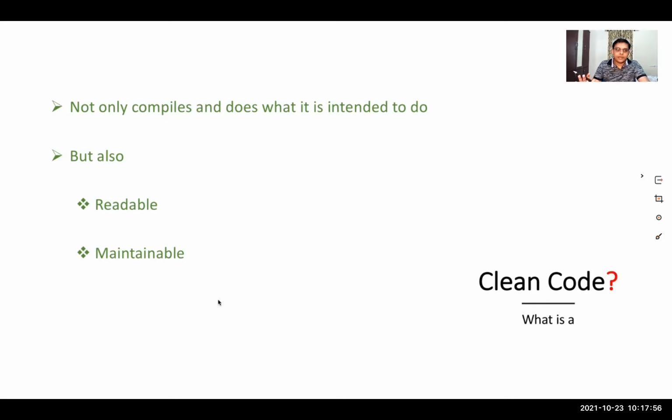So the code actually is which not only just compiles but also does what it is intended to do. Just as I said, a code that you got may be compiling and doing what it is intended to do, but it also has to have that readability. I'm not telling that the first part is not important.